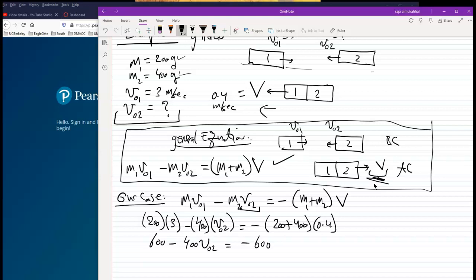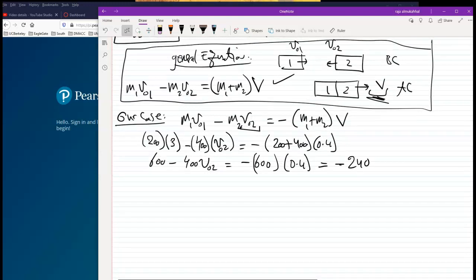Is that right? Yes. Minus 600 times 0.4. Let me use my calculator. 0.4 times 600 is 240, so that's negative 240. Then you just work out the algebra, and therefore V02 is equal to minus 240 minus 600 over minus 400.